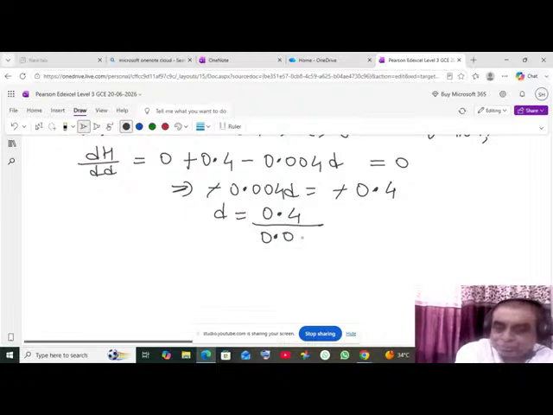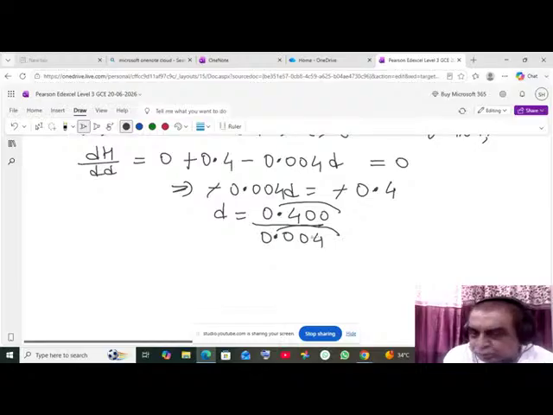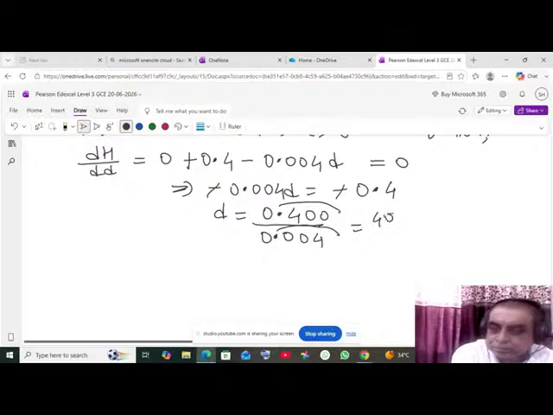So 0.4 divided by 0.004. Shift the decimal point three places to the right in the numerator and denominator, adding two zeros in the numerator. This becomes 400 divided by 4, so the horizontal distance D is 100.